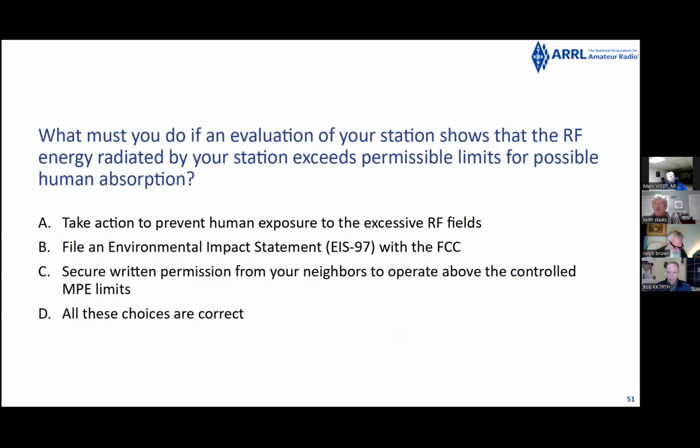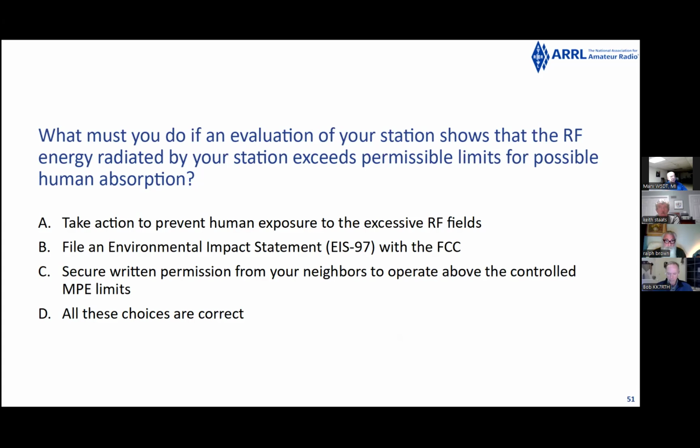What must you do if an evaluation of your station shows that the RF energy radiated by your station exceeds permissible limits for possible human absorption? Take action to prevent human exposure to the excessive RF fields. File an environmental impact statement with the FCC. Secure written permission from your neighbors to operate above the controlled MPE limits.